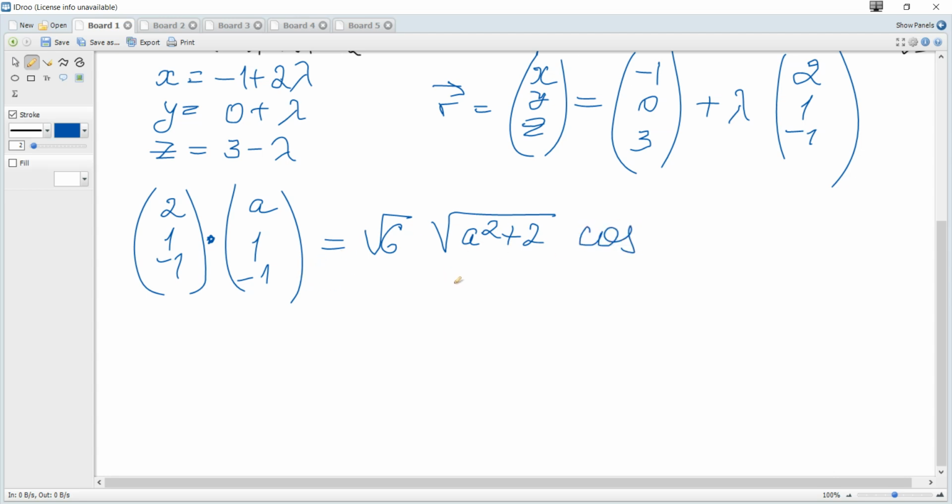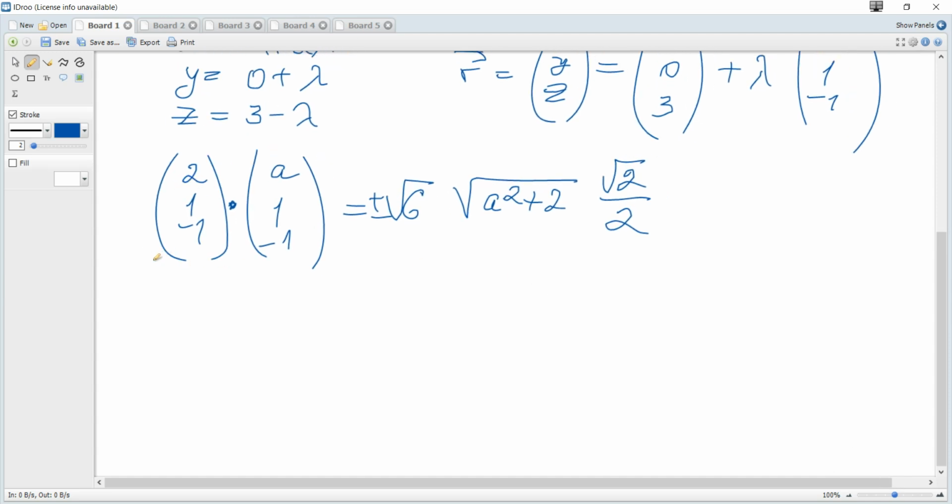To take into account both situations, 45 and 135, we can write ±√2/2, because there are two situations: when cosine is 45, we get plus √2/2, and the second, when cosine is -√2/2.